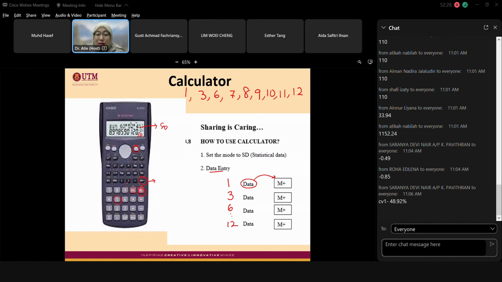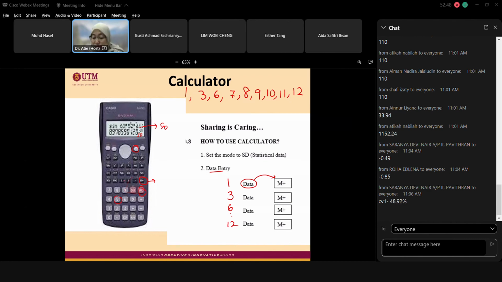And whatever data you have saved in the calculator will remain, even until 100 years, as long as you don't change the data.